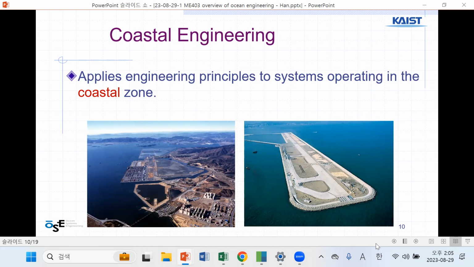This one, the upper left picture, I guess this is Busan port. Busan is the second largest city of Korea, near the southeast corner of the Korean Peninsula. Have you been to Busan before? Not international students yet. You may want to have a chance to visit Busan.